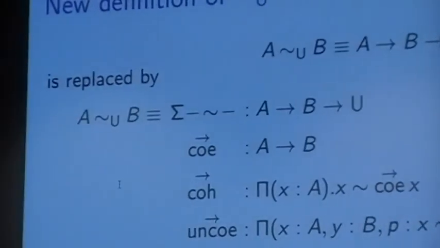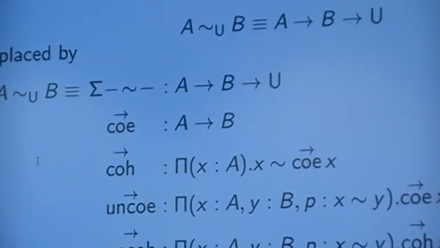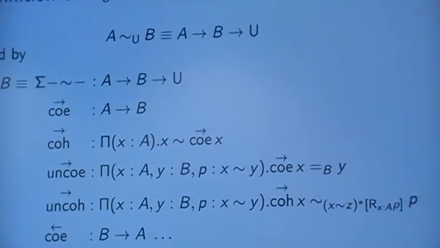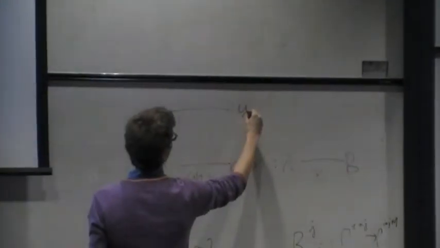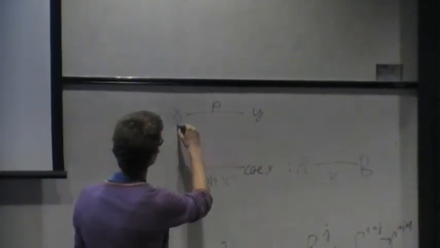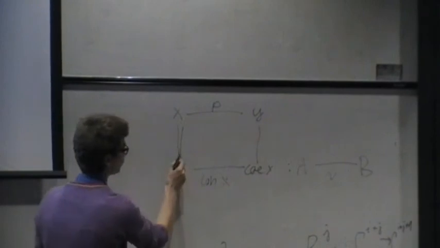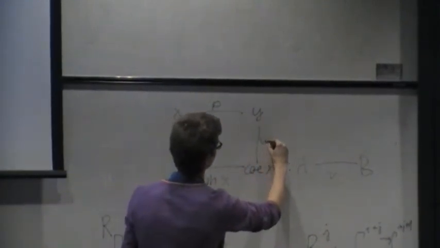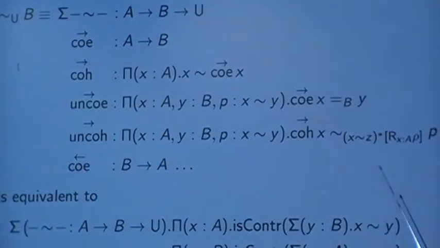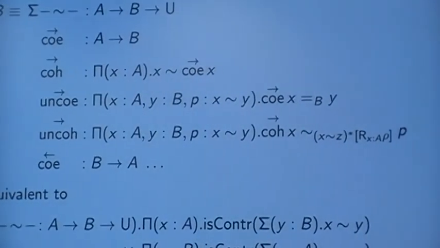And uncoerce and uncoherence mean that if I have another, sorry, it was called x, so let me just call it x. And if I have an x and a y, and they are connected by p, then I have a square like this. So this is just reflexivity, and this is called uncoer, and this is called unco. So this means that instead of just having a relation, I have a way of transporting from one type to the other, this coerce.